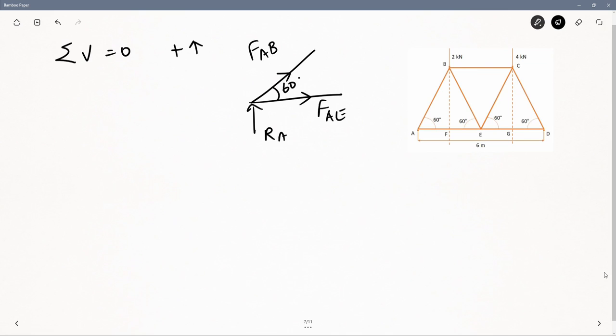So my vertical forces would be here again RA plus FAB sine 60. When I resolve this member force in the vertical direction, it would be something like this and it will be acting upwards. I'll be using the trigonometric function sine 60, and I equate this to 0.